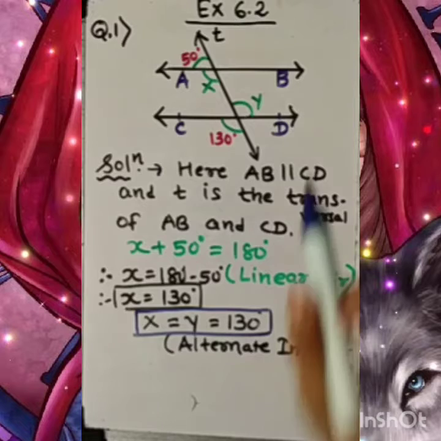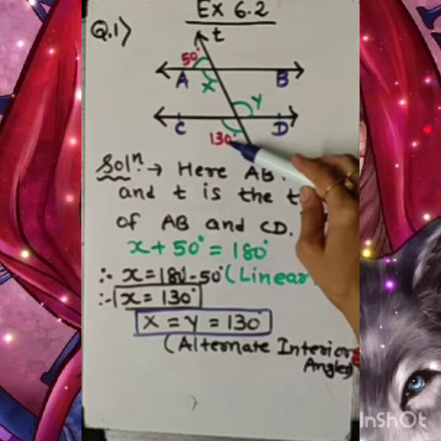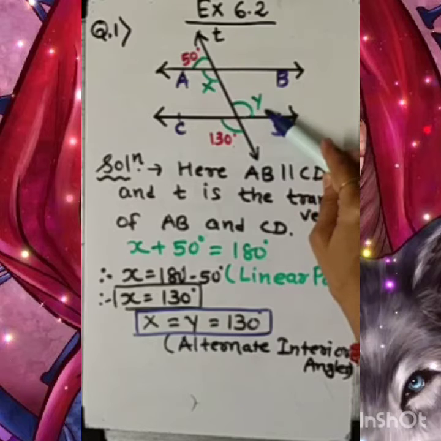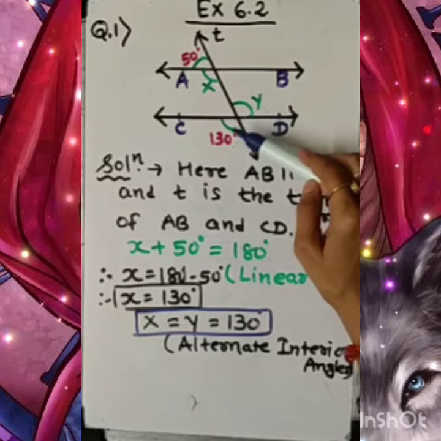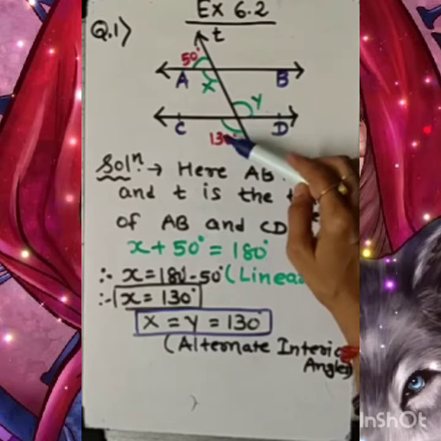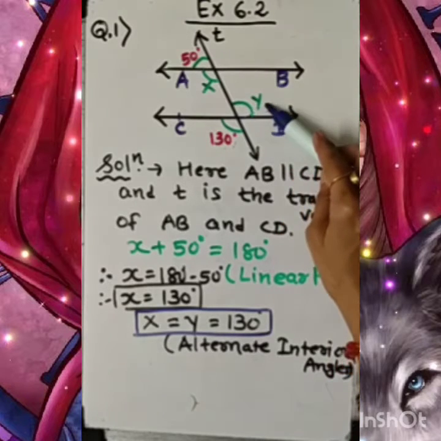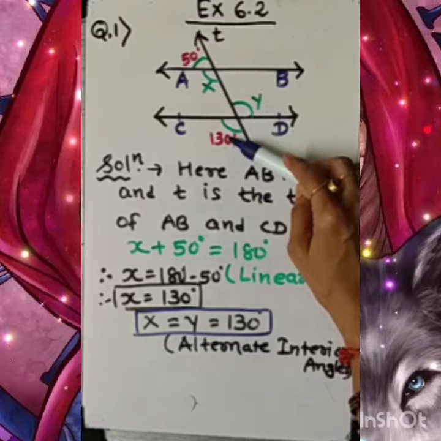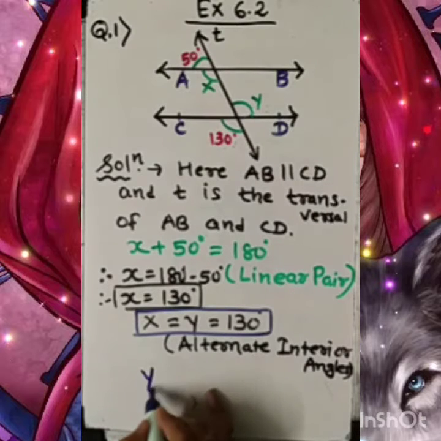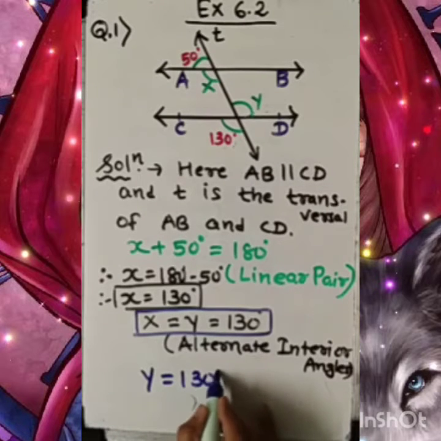One more relationship we can set here. Here 130 and this y, they are VOA, vertically opposite angles. So you can write this also, y equal to 130 degree.